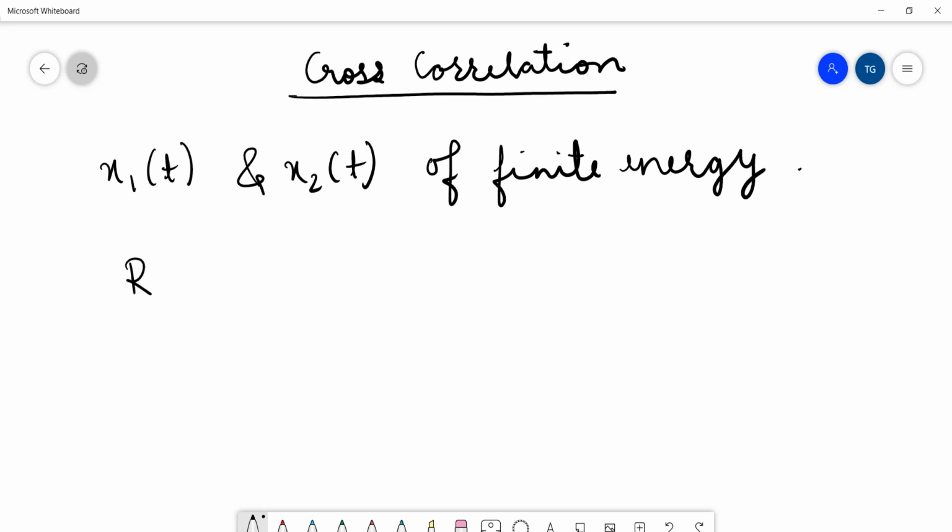This cross correlation function is denoted by r of 1 2, where 1 means the first signal is coming first, and 2 means the second signal coming afterwards.